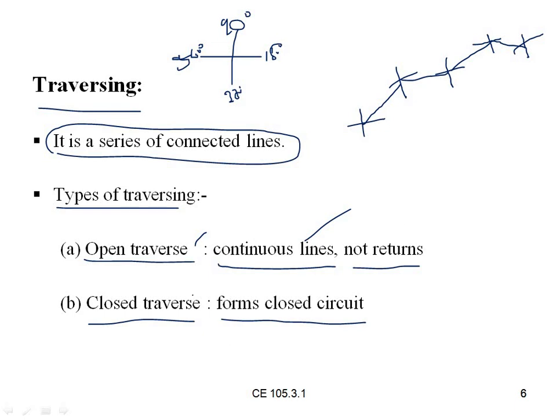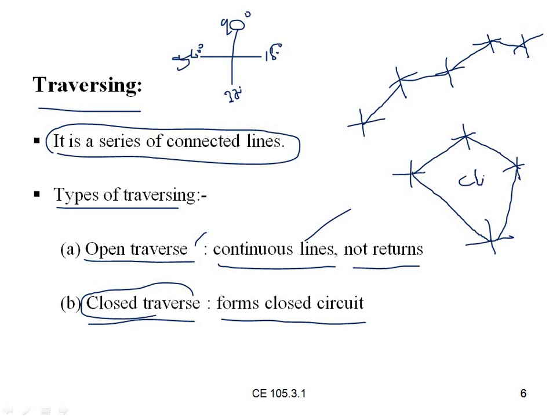And the next one, closed traverse, starts with a point and again goes to another point and turns to another point and comes back, and it closes into the one point. This type of figure is called closed traverse, which is closed with all the coordinates of bearing points.